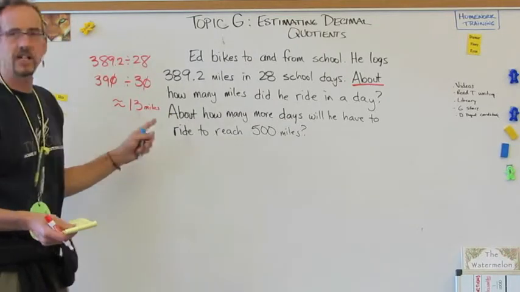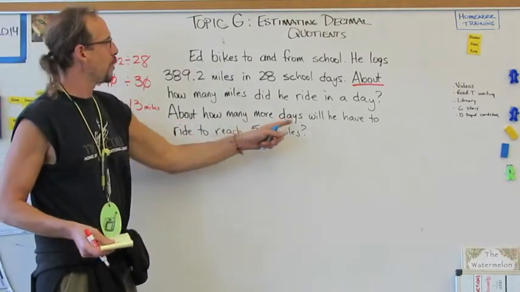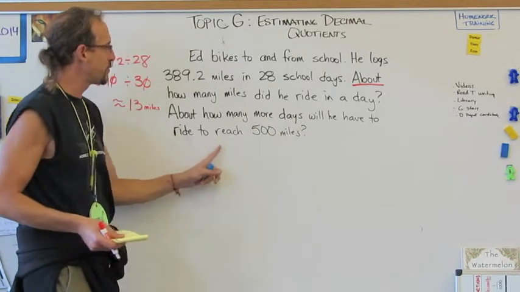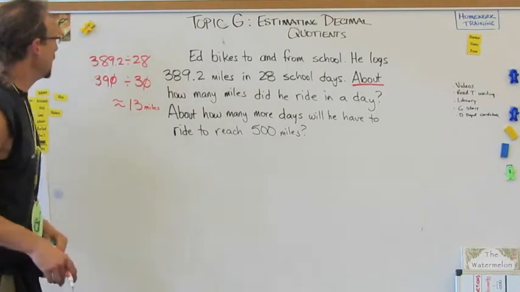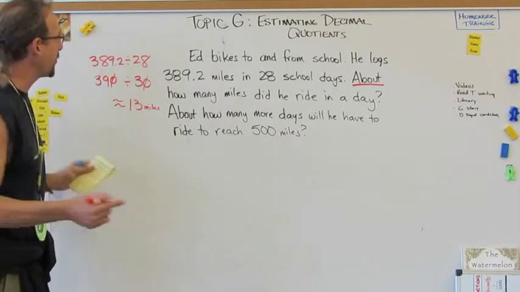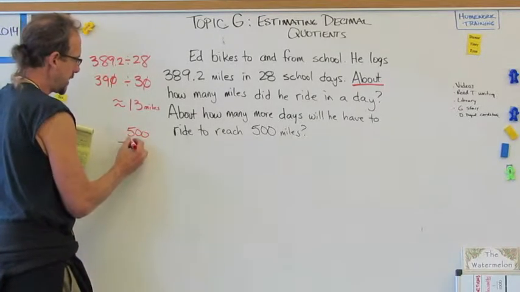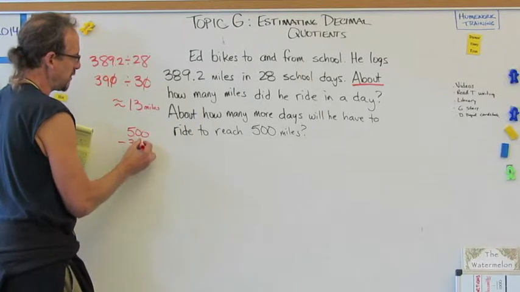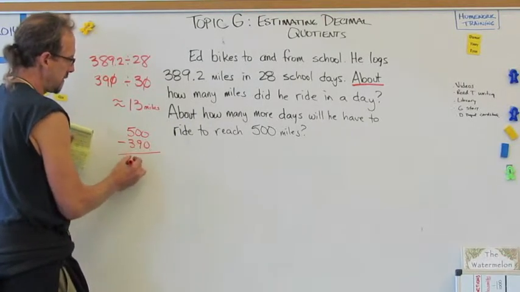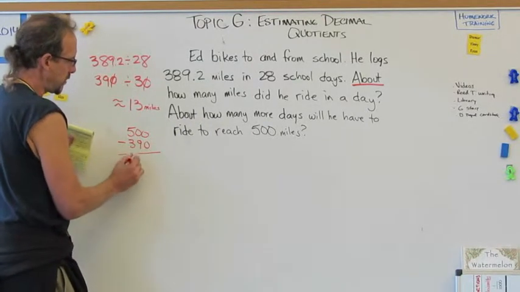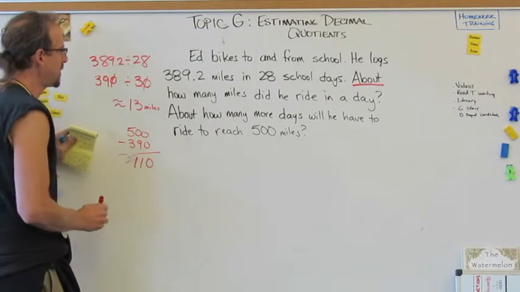Now, let's answer the second question. About how many more days will he have to ride to reach 500 miles? Well, I don't know how many miles he's got to go yet. So let's see, 500 minus the 390, I'm just going to round it off to 390. And that gives me 110 miles left.